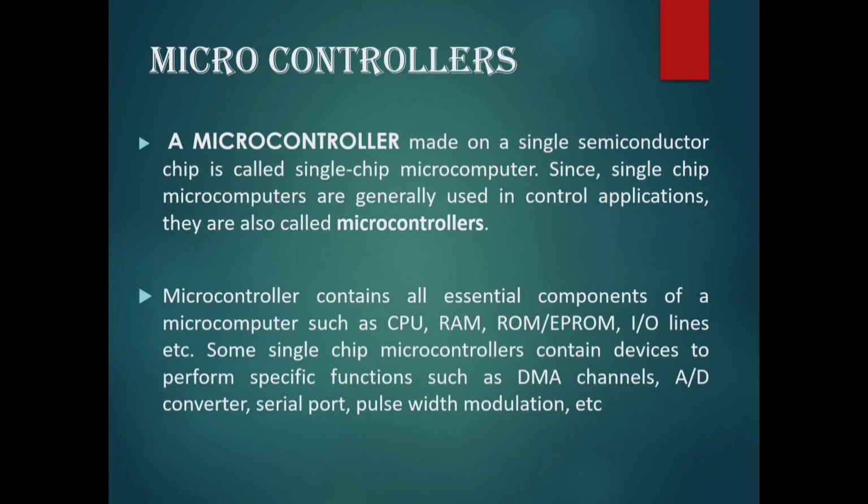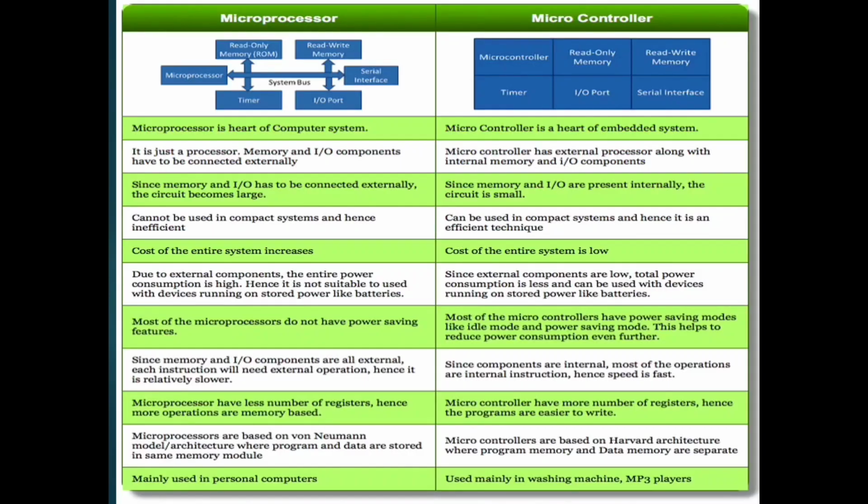A microcontroller contains all essential components of a microcomputer, such as CPU, RAM, ROM, EPROM, and input and output lines. Some single chip microcontrollers contain devices to perform specific functions such as DMA channels, analog to digital converters, serial port, pulse width modulation, etc. So let us go through the next slide.